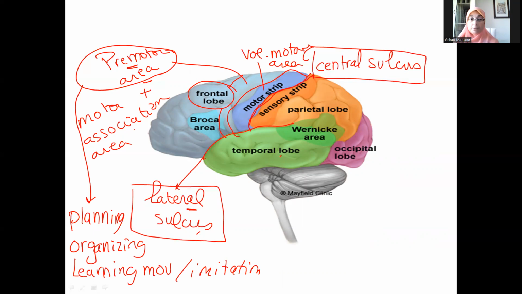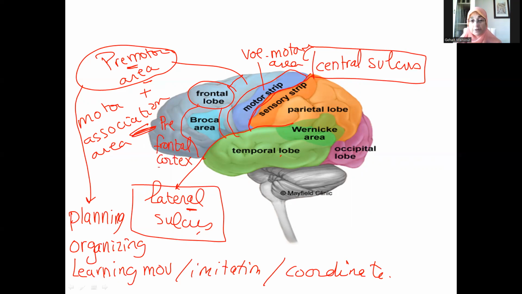And this is what is meant by an association area, how to coordinate motor movements together. Of course, you will hear the word coordination in several areas of the brain, because if a particular center of the brain is responsible for a particular function, this function would not be absent in other areas. In the most anterior part, we have the prefrontal area or the prefrontal cortex.